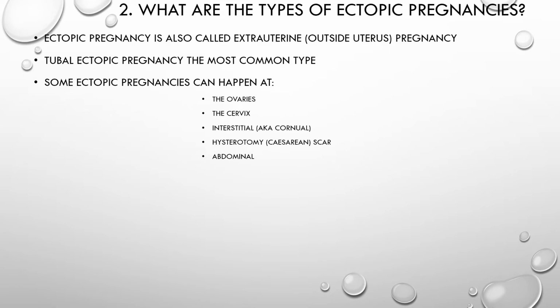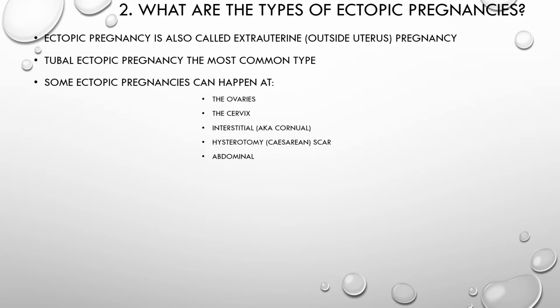Some ectopic pregnancies can happen in the ovaries, the cervix, the interstitial, also known as cornual. The other ones are the cesarean scar and abdominal.